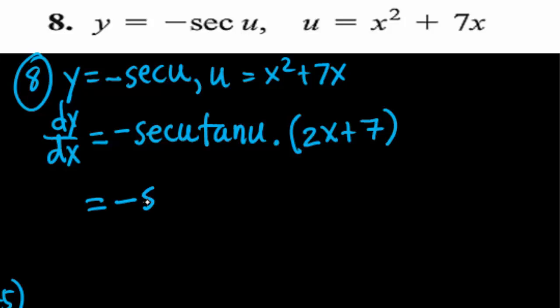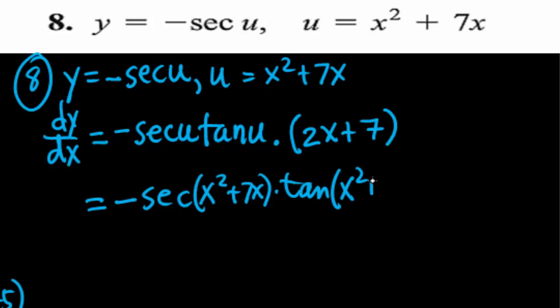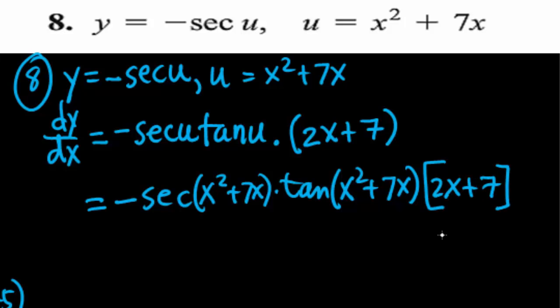So we get minus secant of what? X squared plus 7x times tangent of x squared plus 7x multiplied by 2x plus 7. Now it doesn't matter how you write this.